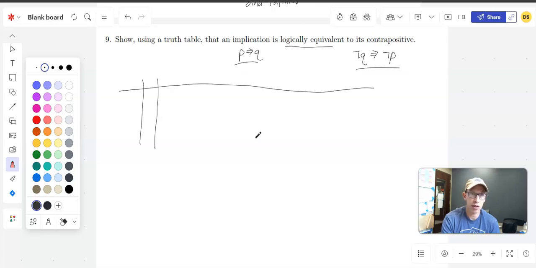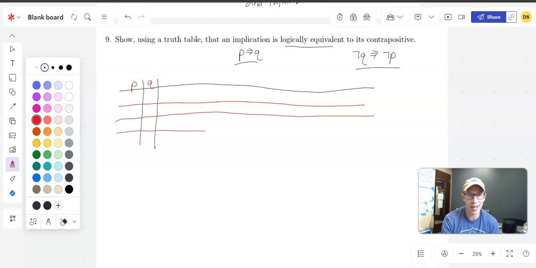So we'll set up our first ones. I'm going to do these in red just to kind of show how they're a little bit different here. Probably didn't need the lines in red, but hey, we were grooving. So here I'm putting all 4 possibilities: true, true, true, false, false, true, false, false.